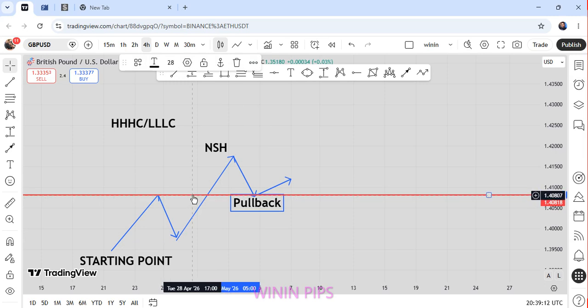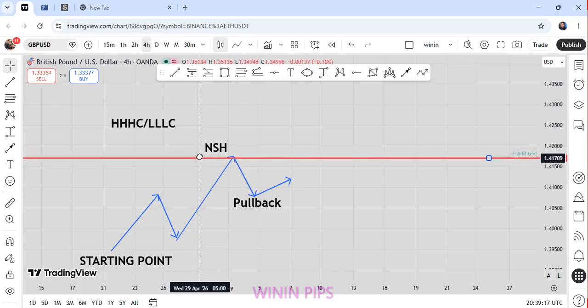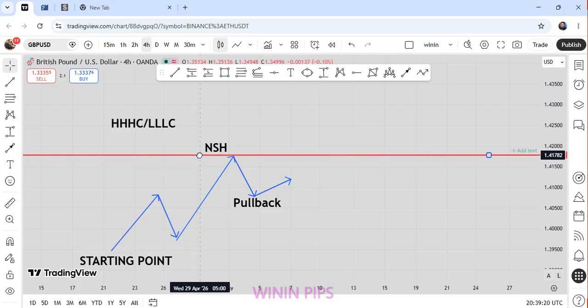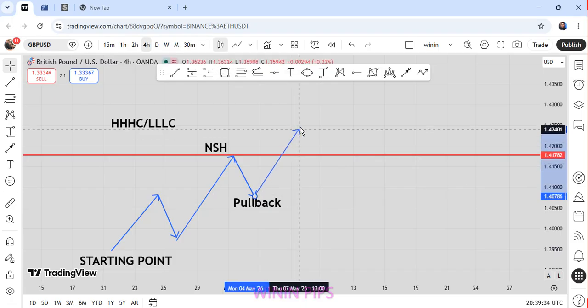Then our new structure high will just be here. So you bring our horizontal line here, meaning this is our new high. If you still want to believe that you are in an uptrend, then our new impulse move after the pullback should be able to break the higher high and higher close of the new structure high.